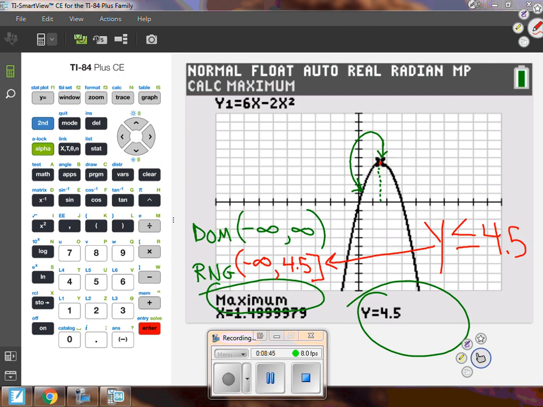The y values are allowed to be as far down as what? This parabola goes down. It goes down this way, and where does it end? Never, right? So it goes down as far as what? Negative infinity. It keeps growing until it reaches a cap of 4.5, and that's where it stops. That's what that notation will look like. Okay?